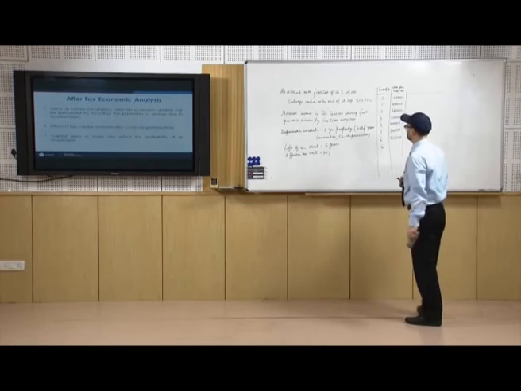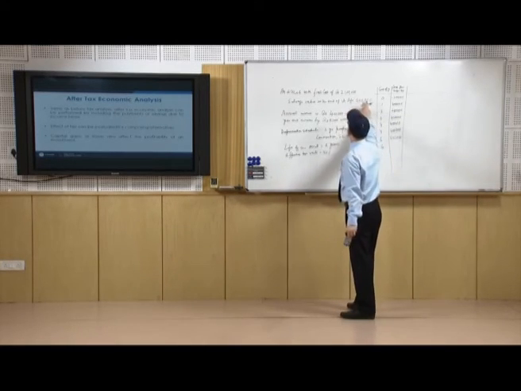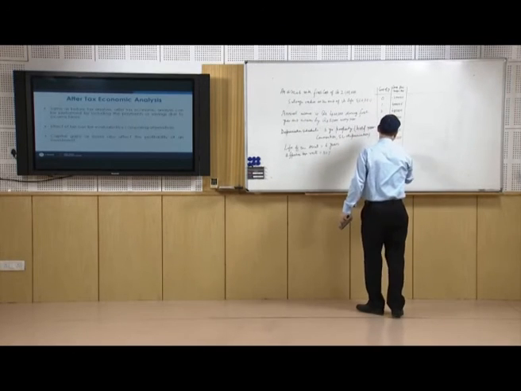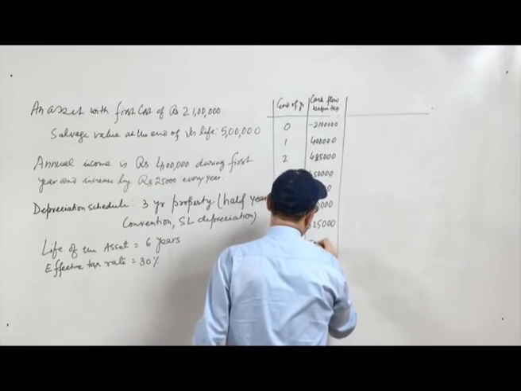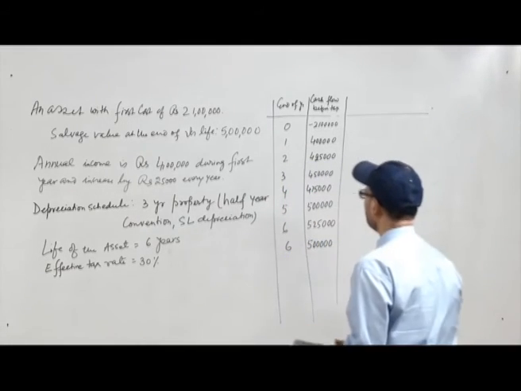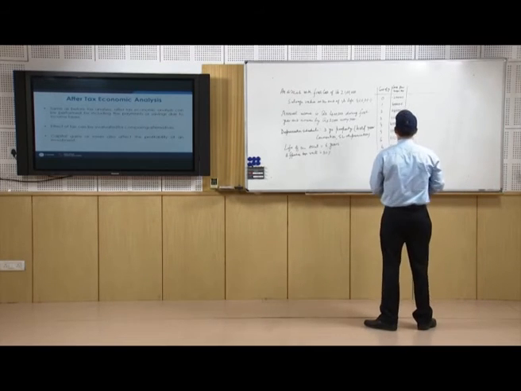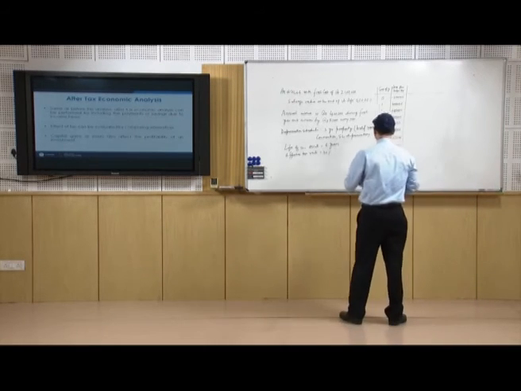In the 6th year at the end you are getting the salvage value back. So this is basically the capital gain by the company.